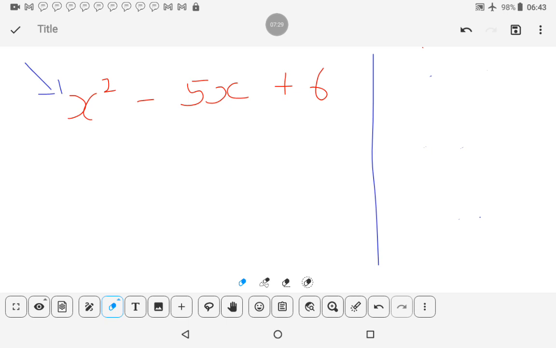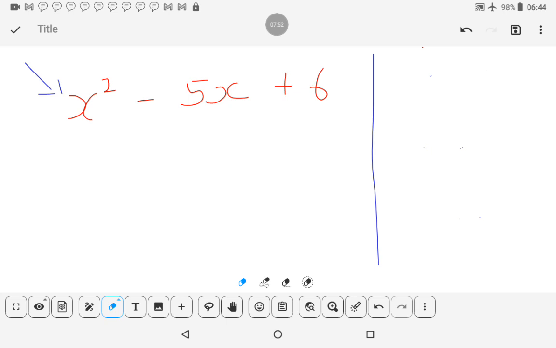So here the coefficient of x squared is 1, because if it is more than 1, it will be written boldly, maybe 2, 3, 4. But when it is not written, note that the coefficient of x squared is 1.